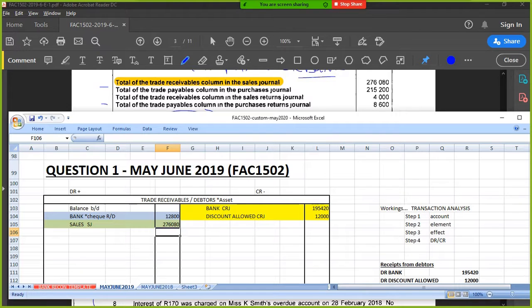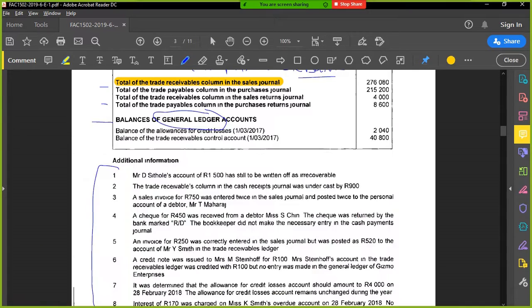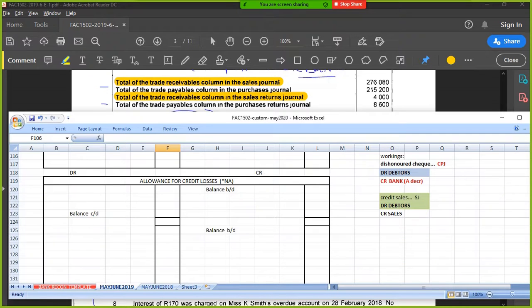Next, total in the trade payables column in the purchases journal. Will that affect my debtors? No. Okay, good. Total of the trade receivables column in the sales returns journal. Will that affect my debtors? Yes, it will decrease them. Well done. Same as before: that's the credit sale, now you have sales returns.